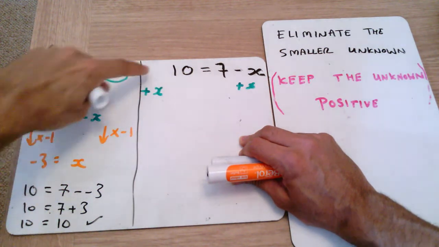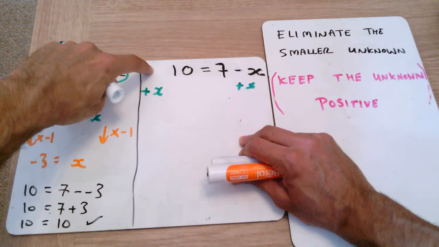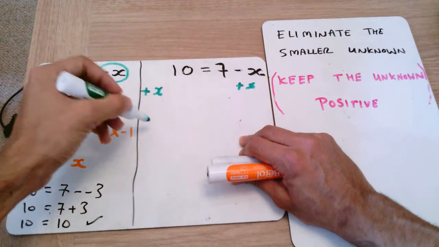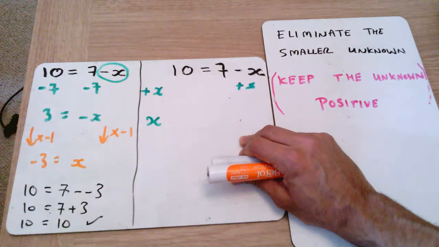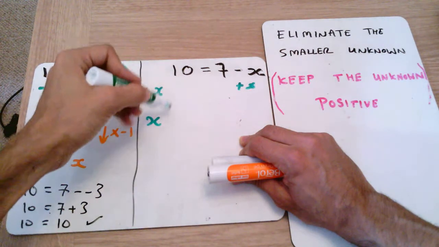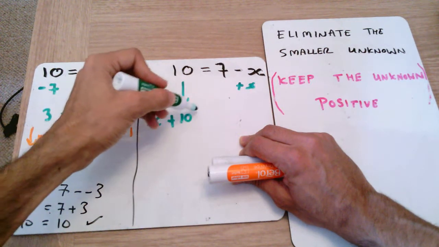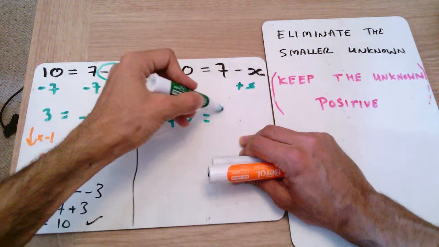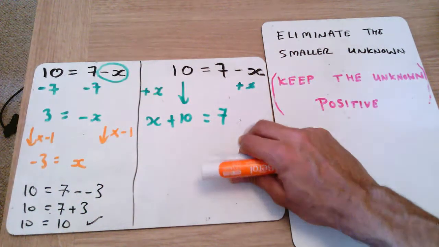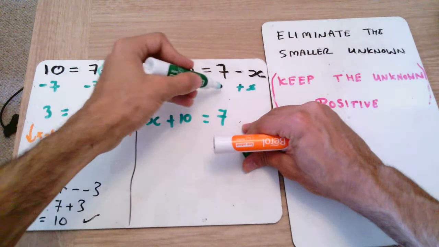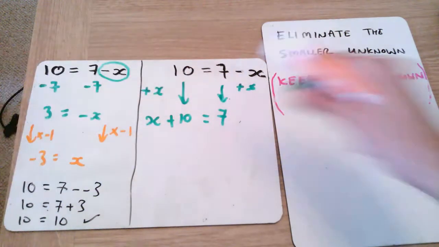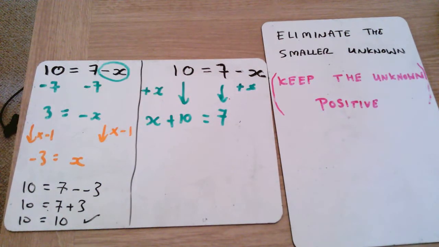Now, I haven't got any x's up here. So if I've got 0 x's plus 1x, I end up with just 1x. The 10 was still there, that comes down. That gives me plus 10, because the 10 is positive, is equal to 7. 7 comes down. And the minus x plus x simply cancels out.